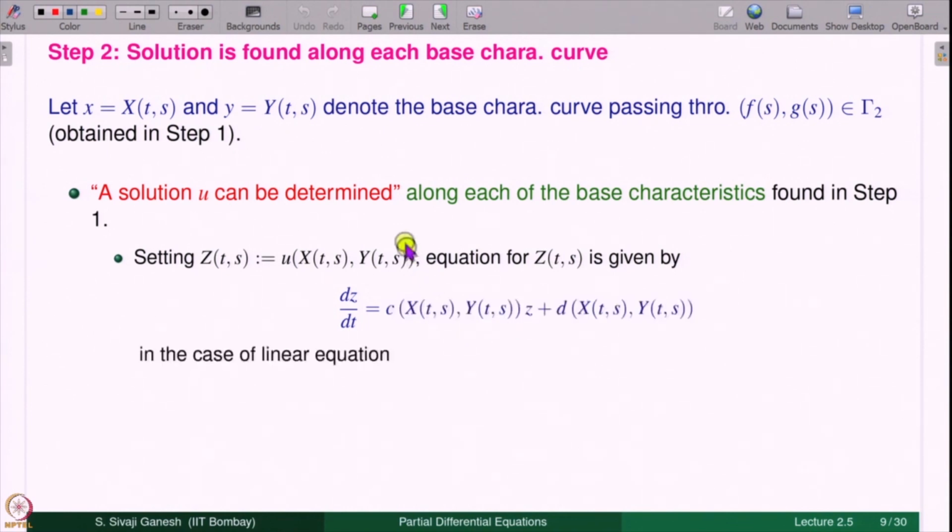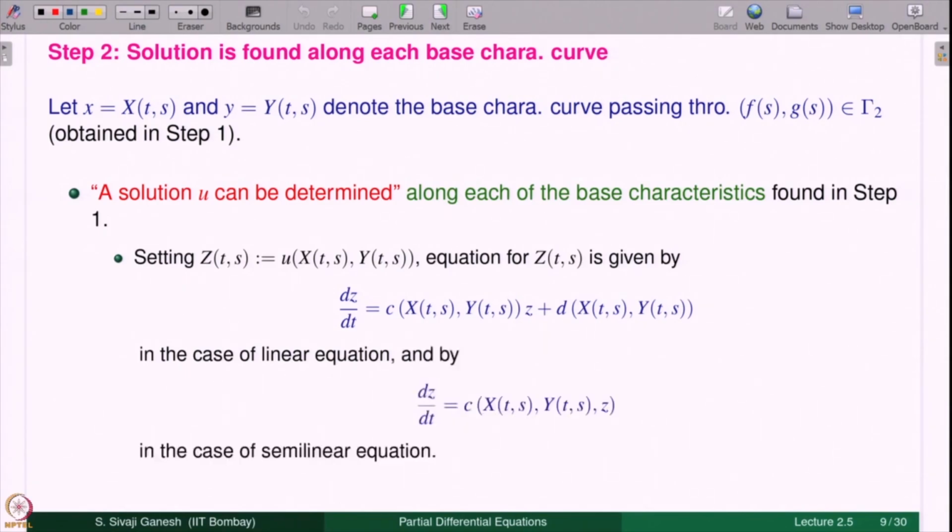Therefore, this is equal to c(x(t,s), y(t,s)) z + d(x(t,s), y(t,s)) in the linear case, and if it is a semilinear equation, it is simply c(x(t,s), y(t,s), z). So, we got an ODE for the solution along each base characteristic curve.